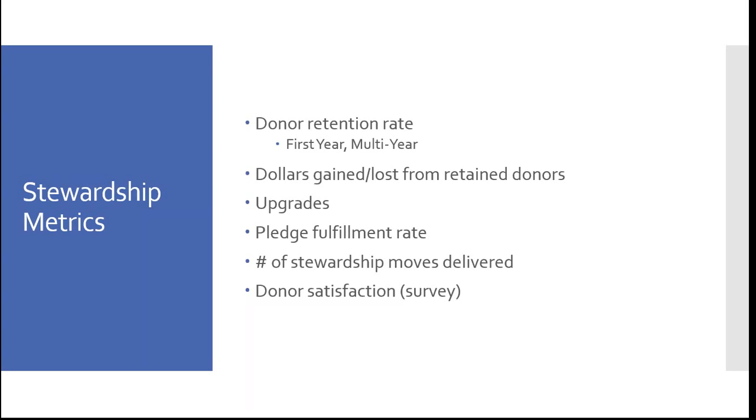I would make the argument that donor retention is the one metric that is important for everyone. And if you're not measuring it, figure out how to get it measured. It is so key, both in terms of knowing how well you're doing with your donors, how happy your donors are with you, but it's also such an important bottom line number.